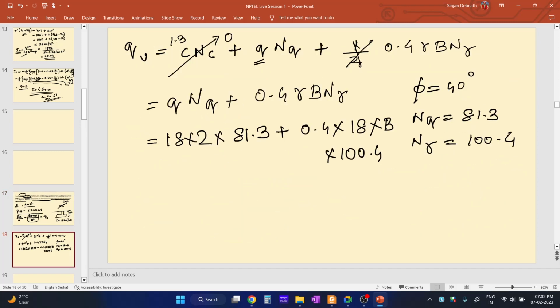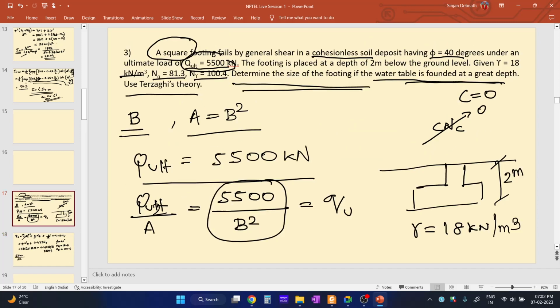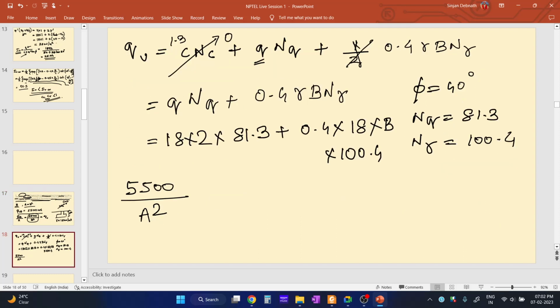If we equate these two things, 5500 by A square, that is area, sorry, A square means B square.